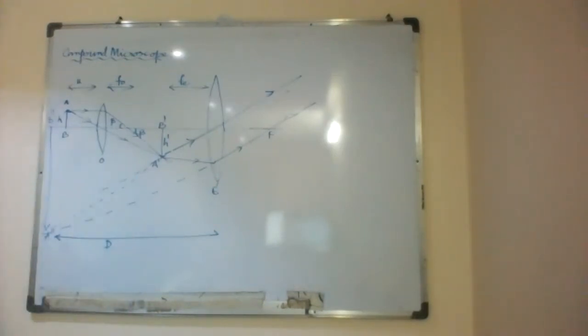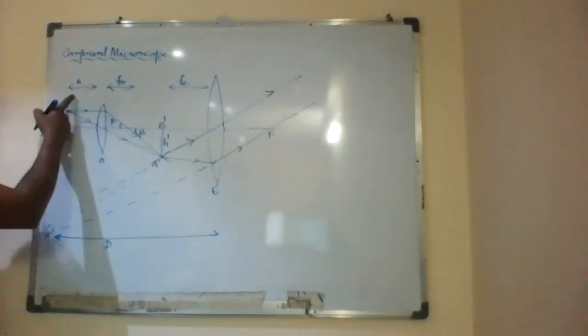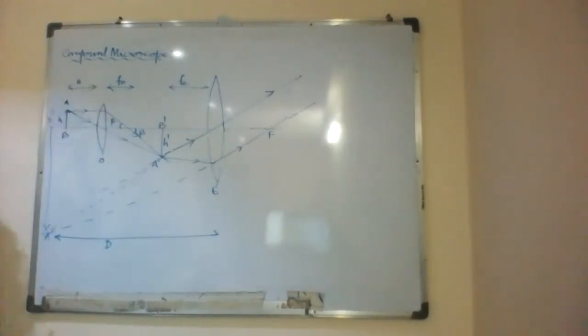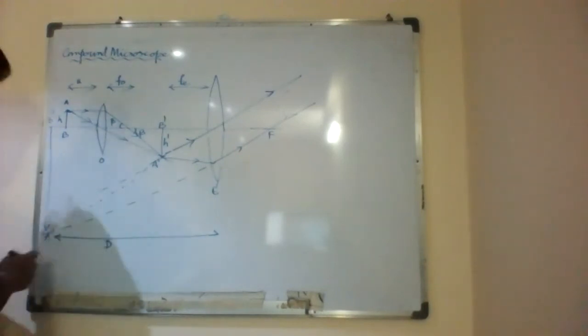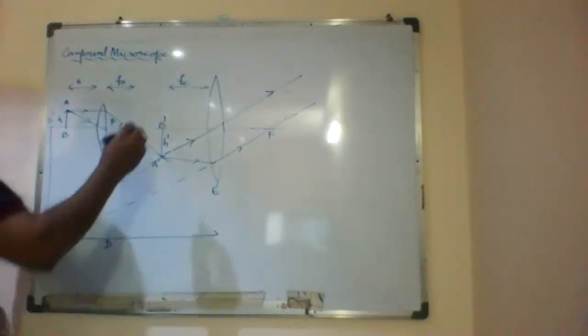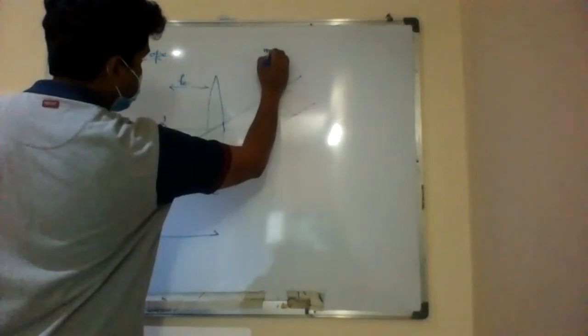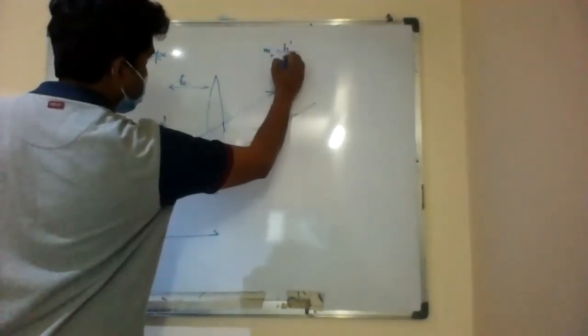This is D, the least distance of distinct vision. Now we have angles here. V is the object distance. FO is the focal length of the objective. FE is the focal length of the eye lens. Okay. Now we have MO. MO is what? Magnification of the objective, H dash by H. Can you write like this?